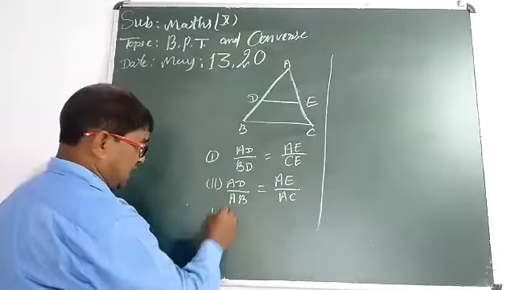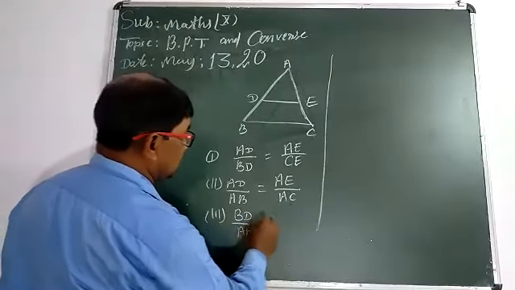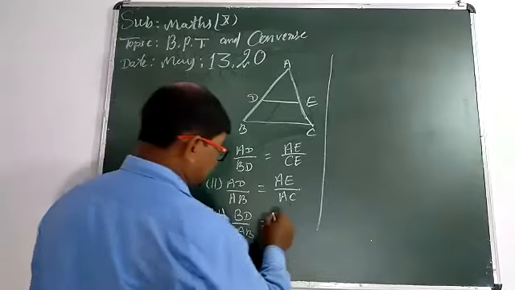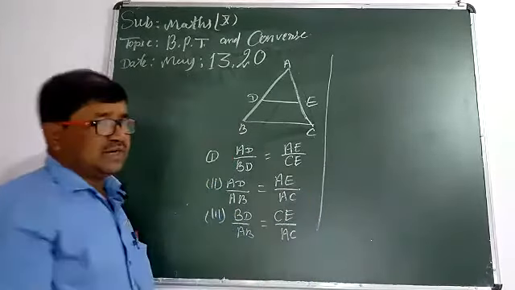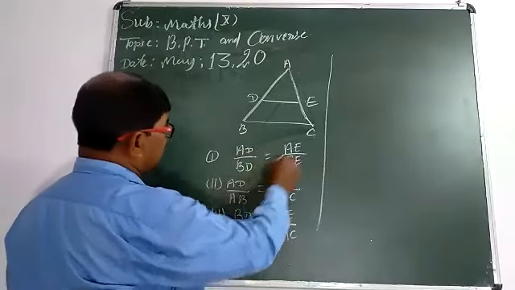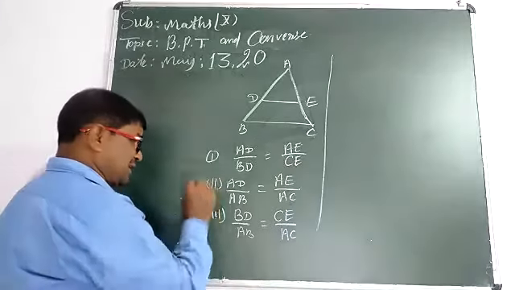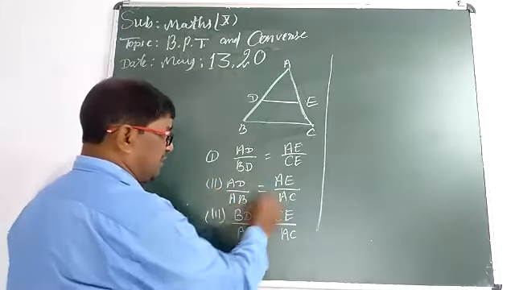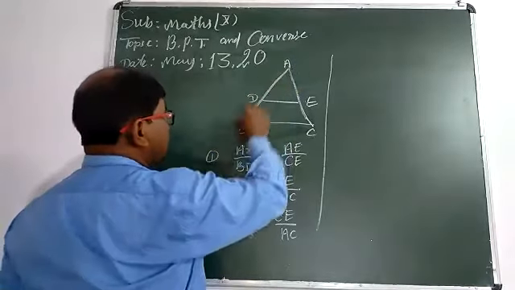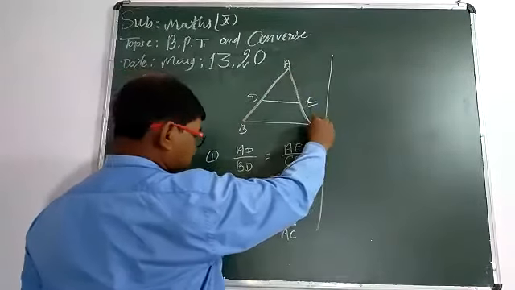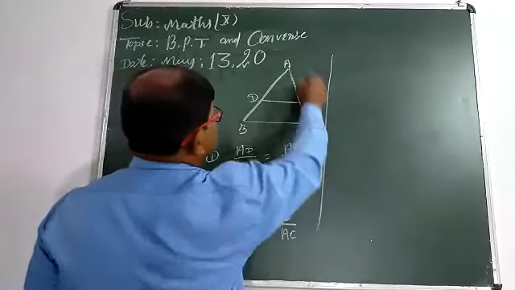Or can you say BD upon AB equals CE upon AC? Students, if AD upon BD equals AE upon CE, then is this possible?